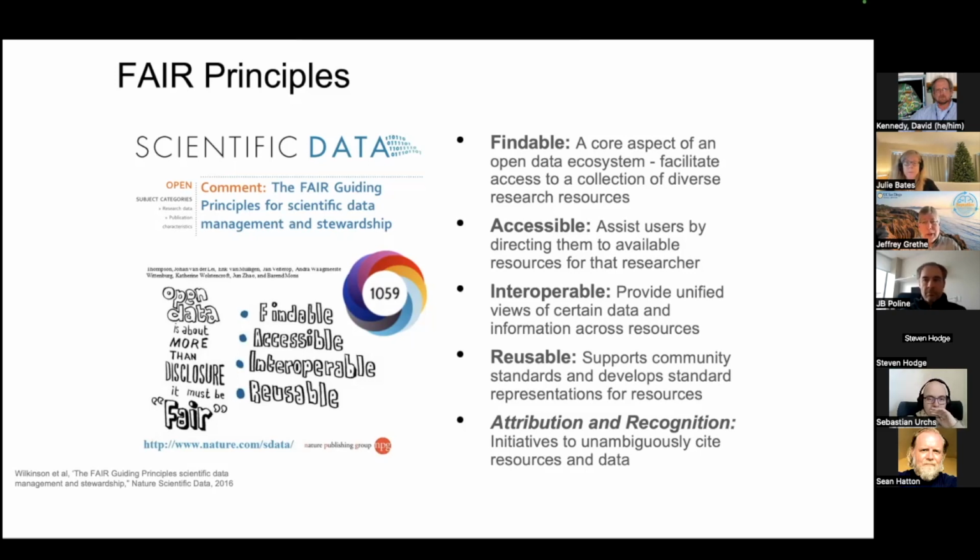The 2 other aspects that are critical for using data across studies, for example doing meta-analysis or mega-analysis across multiple different data sets, are the interoperability and reusability components. So really, we want to make sure that data is interoperable, that there's a unified potential view across data sets, and that the data is in a format that makes it easily reusable without having to do too much work. And then there are other A's and R's thrown in, for example, for attribution and recognition.